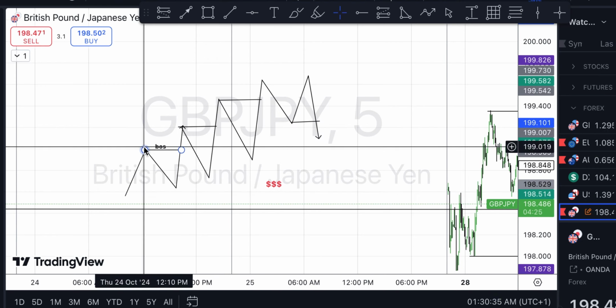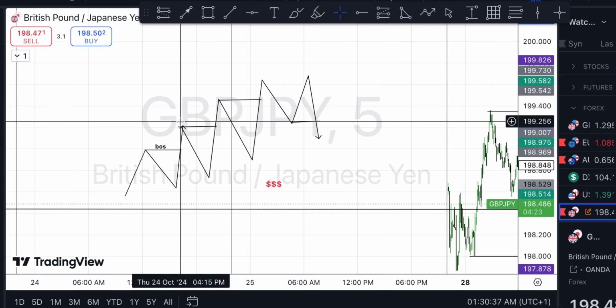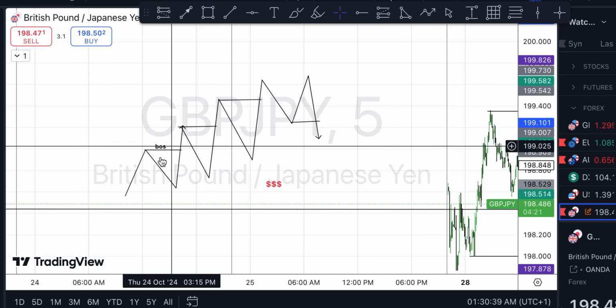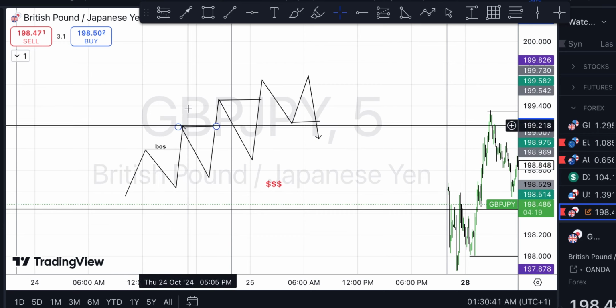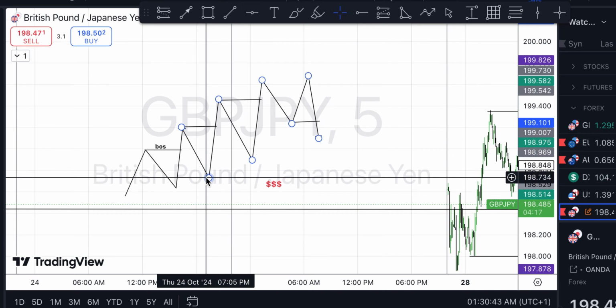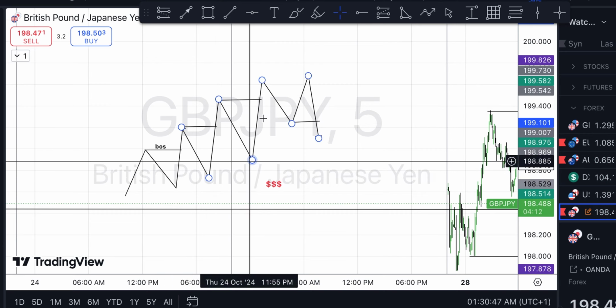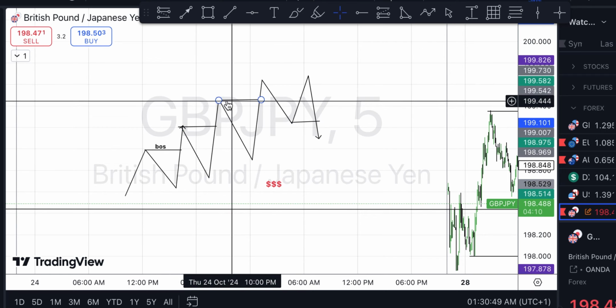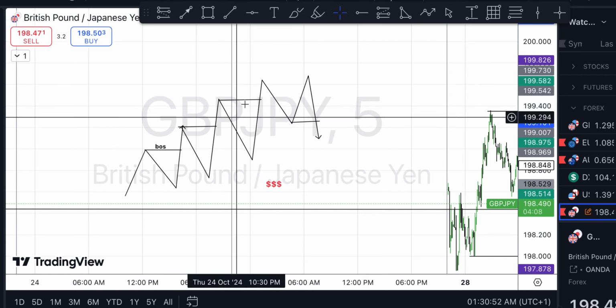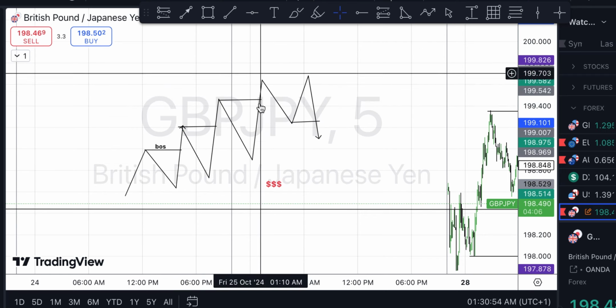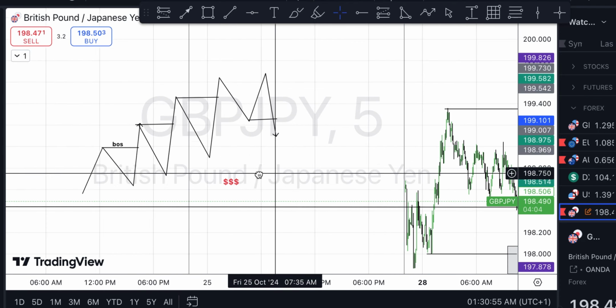This high was violated. So yeah, this high was broken, so this is a break of structure. Price returned back to this zone. This is another break of structure. Price returned back to this zone. This is another break of structure. As long as the high keeps breaking structure to the upside, we are in a bullish trend.